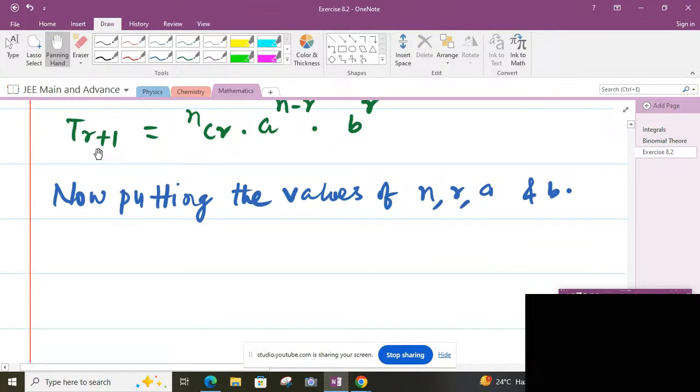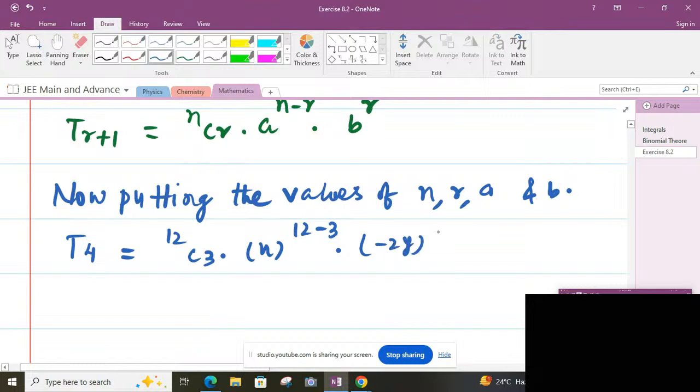So we write down here T4 equal to 12C3 into the value of a is x to the power 12 minus 3 and the value of b is minus 2y to the power 3.